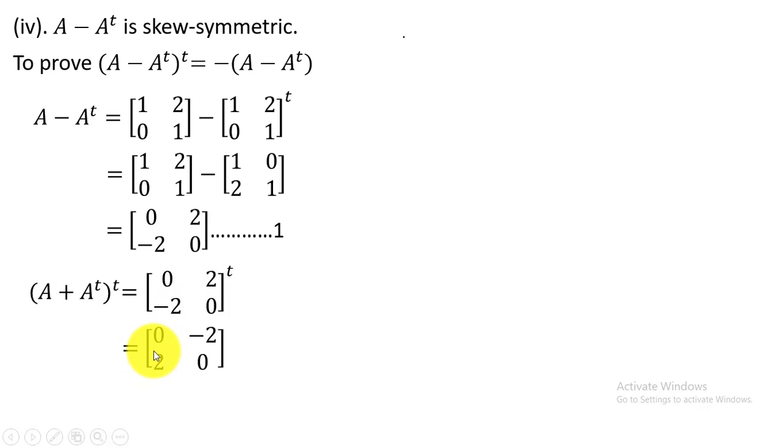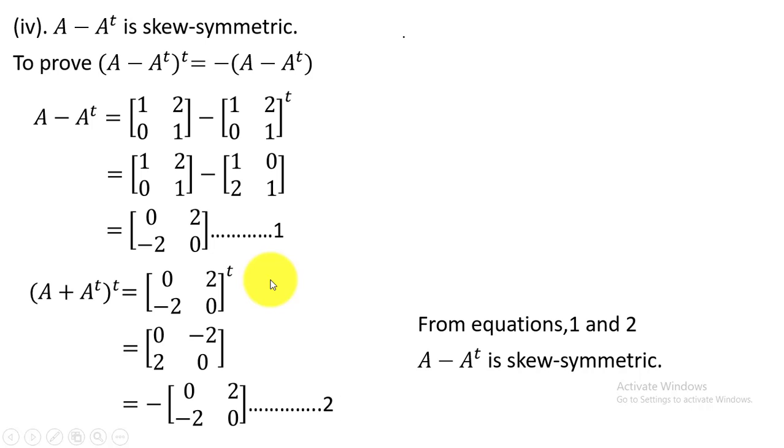Now taking common the negative sign of that matrix, that is equal to negative of the matrix having elements 0, 2, minus 2 and 0. From equation number 1 and equation number 2, A minus A transpose is skew-symmetric.